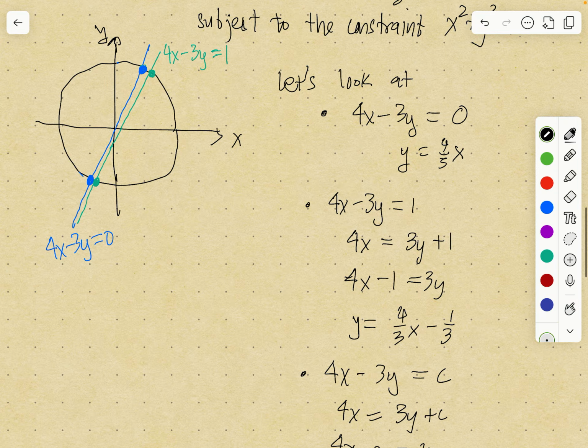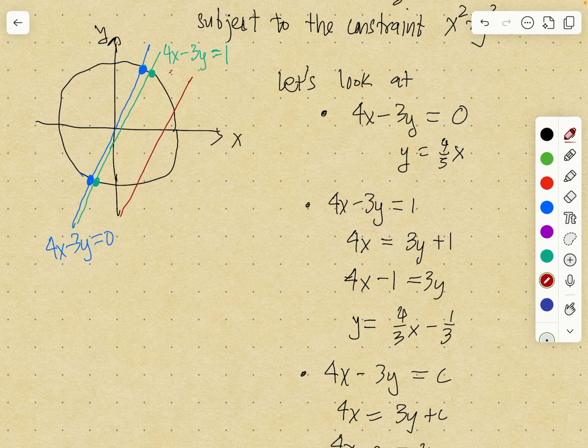So it's a line with slope 4/3. And then as c gets bigger and bigger, your line gets lower and lower because your y-intercept gets more and more negative. So basically what you're doing is you're trying to see, okay, what happens if I increase c a little? Can I make that happen? Like, is there a point on the circle that intersects that line? So I can make c bigger by moving the line down, basically.